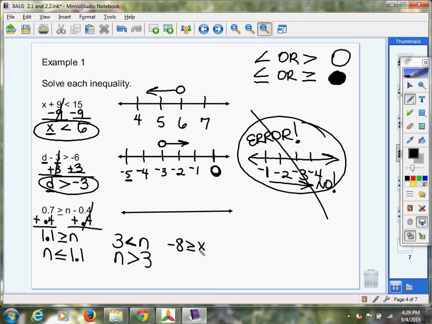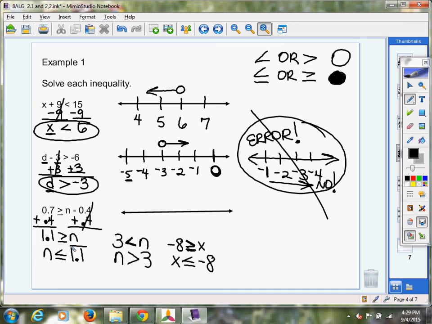And so when you flip it over, like flipping your hand over or flipping a piece of paper over, your x and your -8 are going to switch positions and your inequality is going to flip over. And these mean the same thing. These two, -8 is greater than or equal to x, means the same thing as x is less than or equal to -8. That's the truth of the matter, okay?